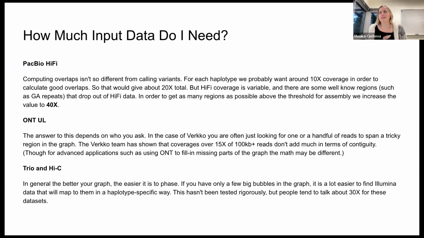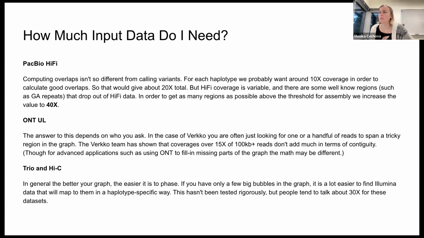So how much input data do I need? This really depends on who you ask. Everyone will give you different guidance, but also it depends on what you want. If you really want to have T2T chromosomes and go telomere to telomere, then you will probably need way more data than if you just want to assemble the easy parts of the human genome.